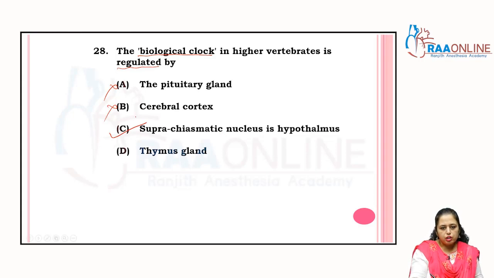The biological clock is regulated by that, none other. It is responsible for the regulation of functions like the menstrual cycle and the sleep-awakening cycle.